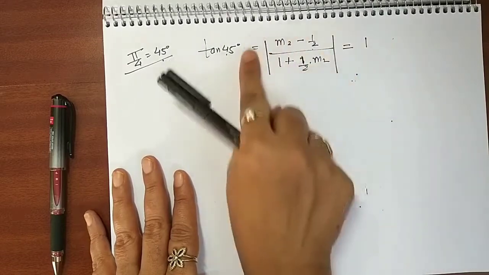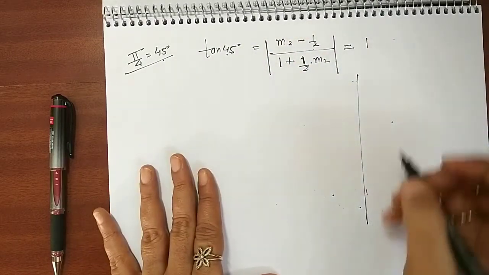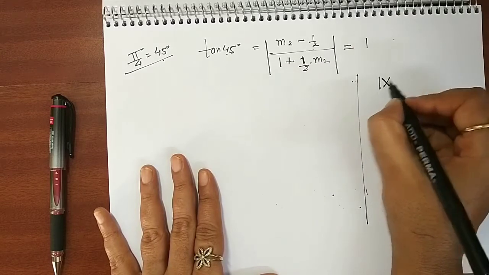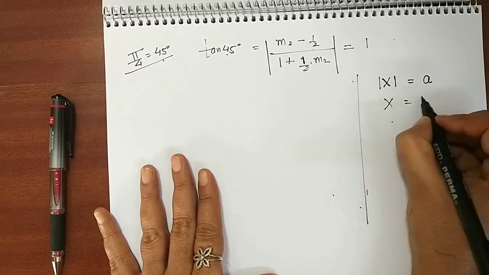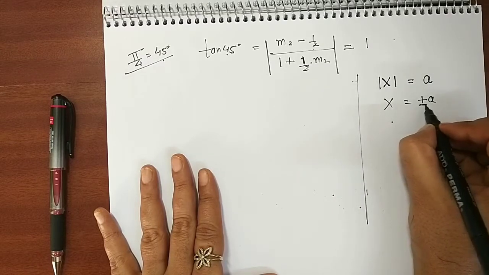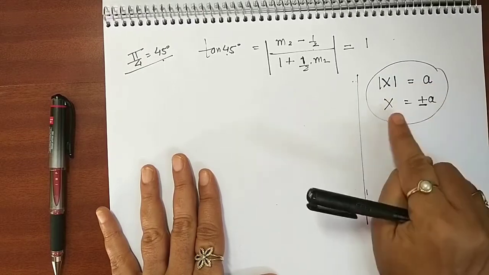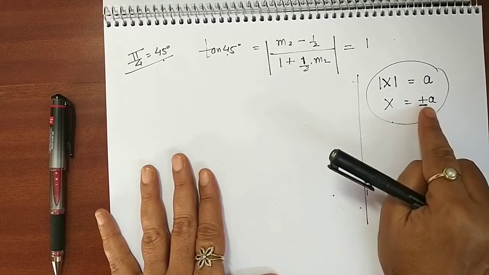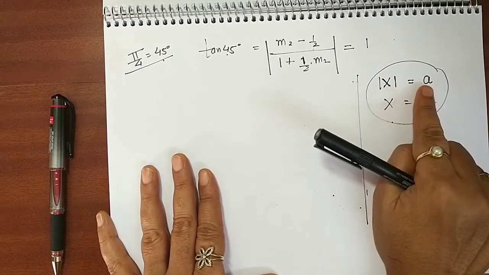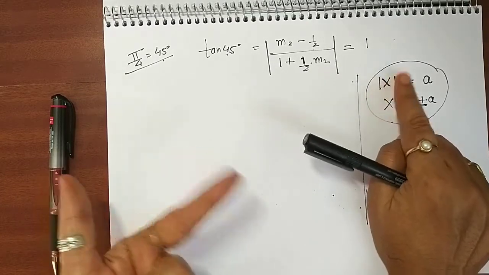Here comes your knowledge of the mod function. Okay, so see here carefully, guys. Whenever you are given mod of x is a, then x can be plus a or minus a. This you should know. If mod of x is a, then x may be plus a or minus a. There are two possible values because x might be negative or positive before modulus.